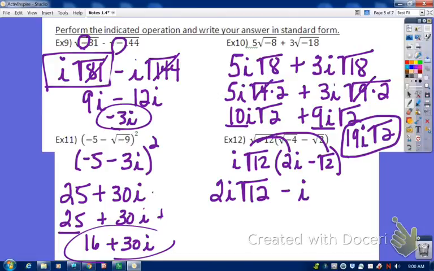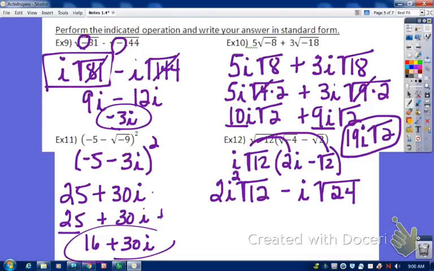Good. Negative i square root of 24. So everybody get that step. Is that our answer? Would you do 2i squared? Yes, you are right. I think I said i squared and wrote an i. Thank you. 2i squared square root of 12, minus i squared root of 24.